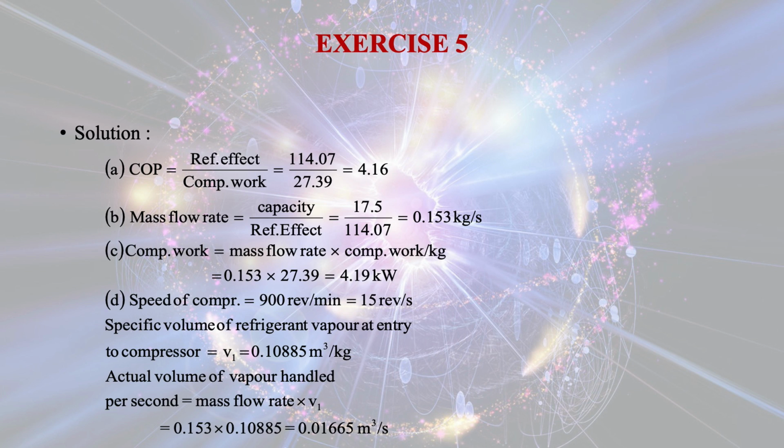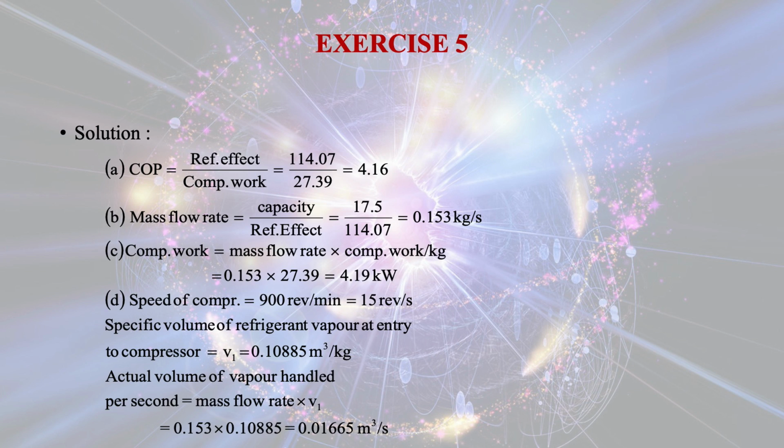Put the values of capacity and refrigerating effect, so we can calculate the mass flow rate. For this problem it comes out to be 0.153 kg per second. The compression power is equal to mass flow rate multiplied by the compression work per kg, that comes out to be 0.1543 multiplied by 27.39, which is equal to 4.19 kilowatt.